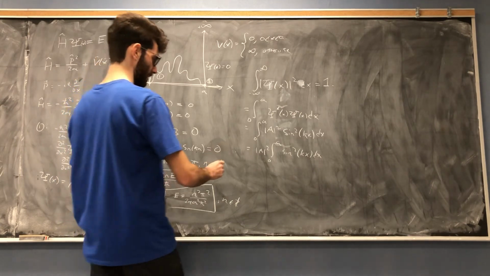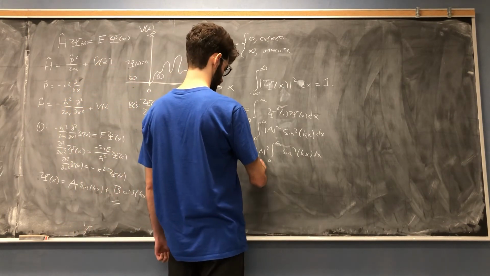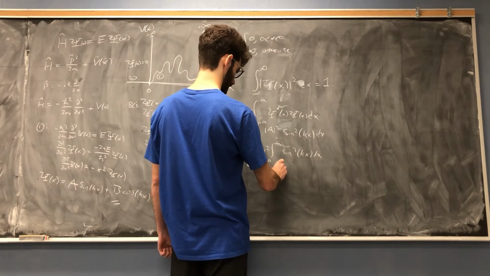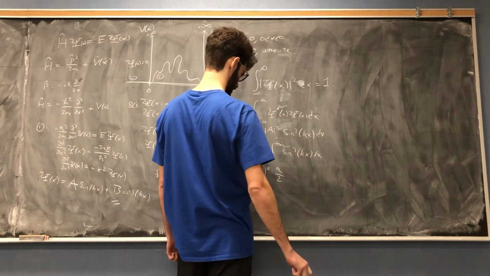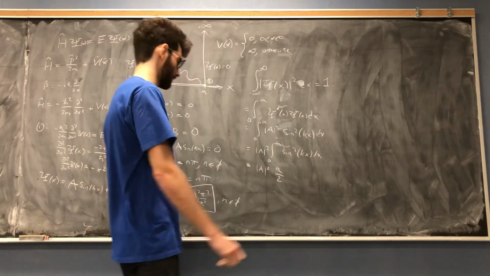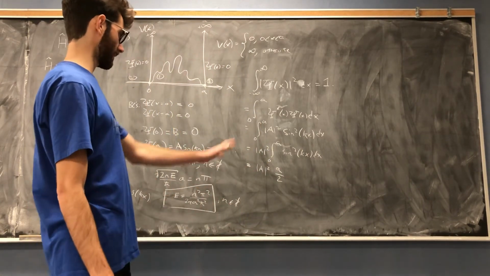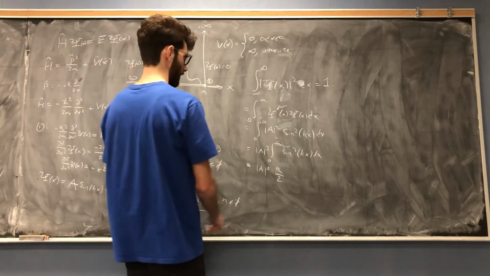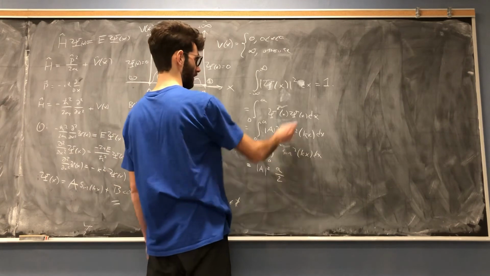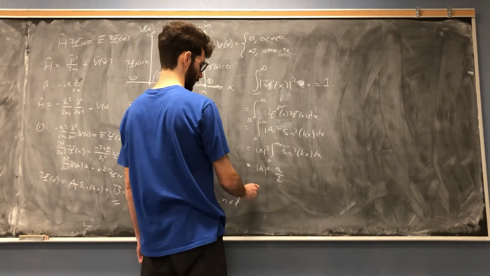I believe that this integral just evaluates to a over 2. I hope. I forget. But it's something like that. But anyway, if we trust that result, then we can rearrange and solve for our normalization coefficient.